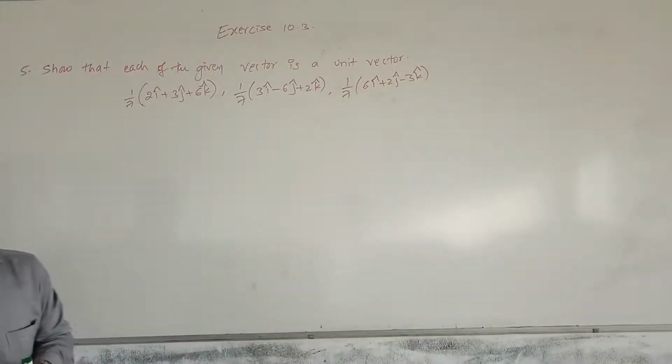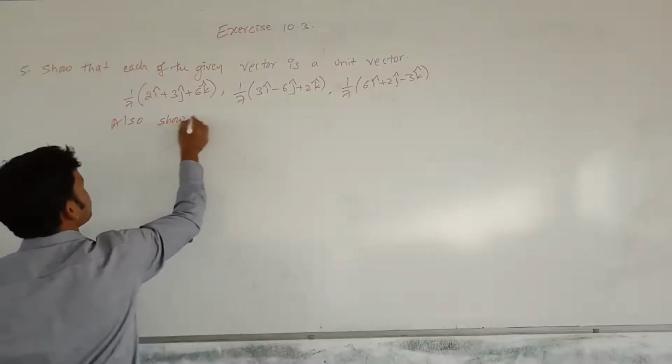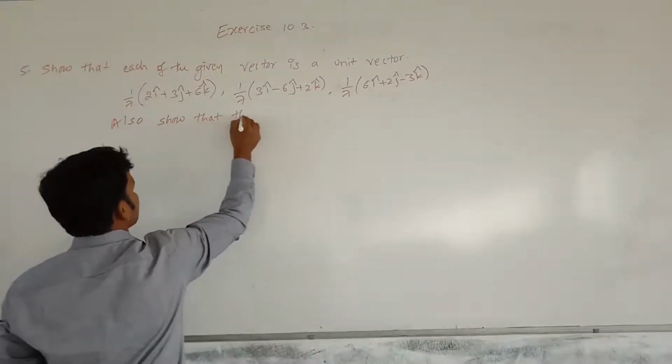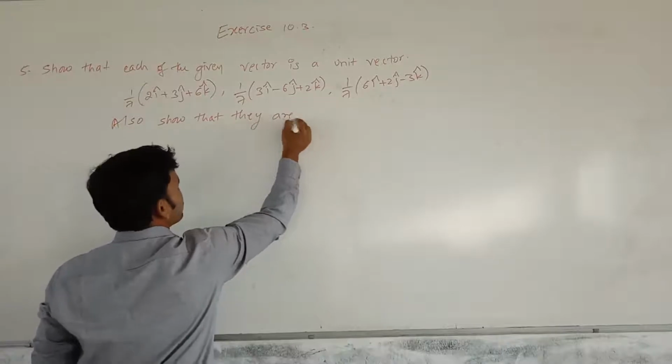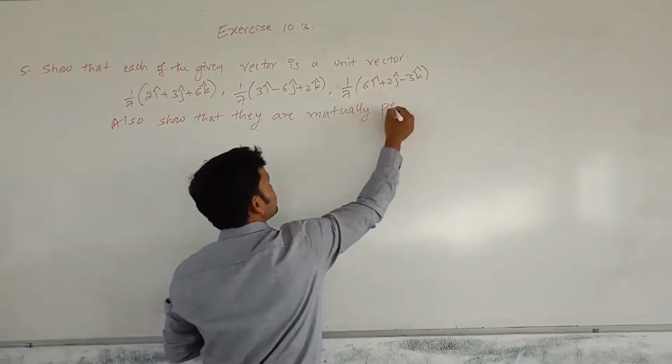Three vectors are given to us. Also show that they are mutually perpendicular to each other.